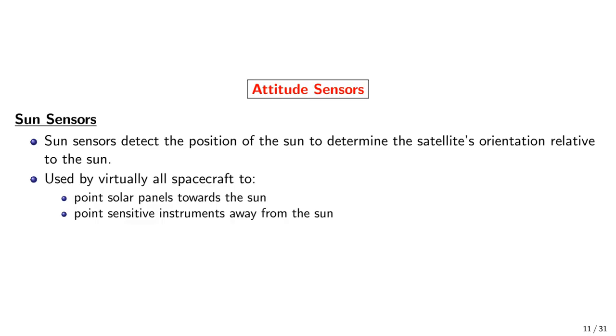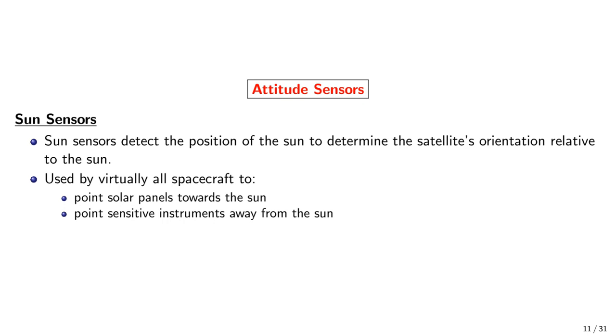Okay, this is just a quick one around attitude sensors. You have your sun sensors, like I've mentioned. The sun sensor dictates the position of the sun, and it's used by virtually all spacecraft to point solar panels towards the sun.